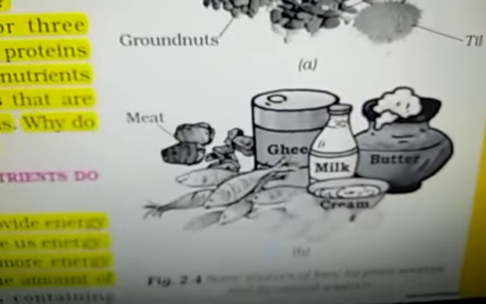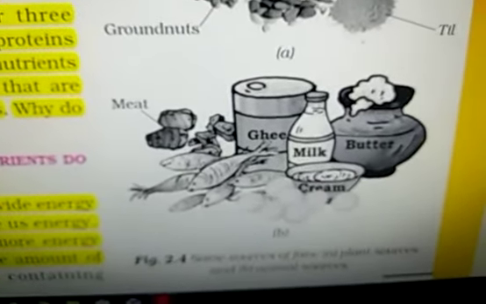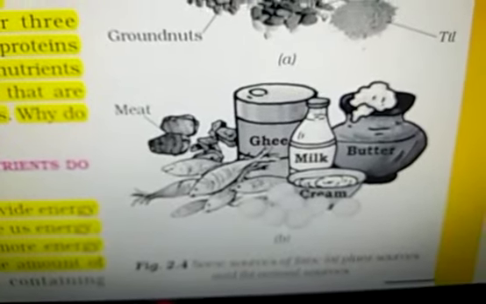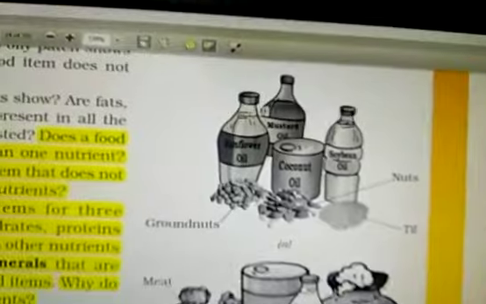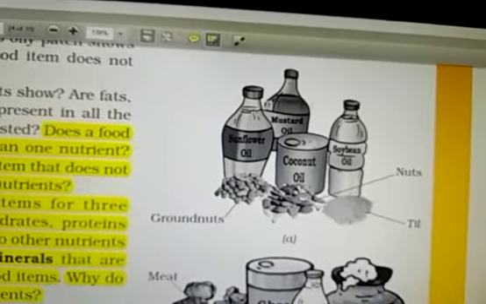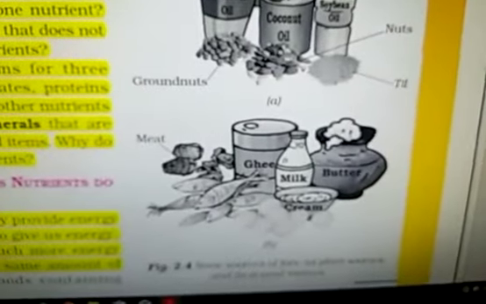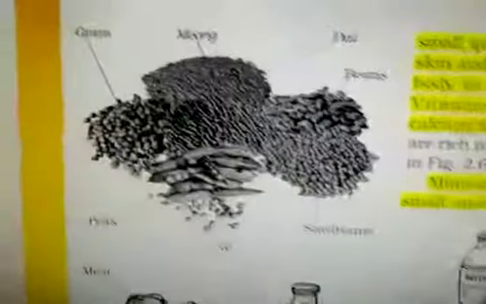Now animal products: meat, ghee, milk, butter, fish, cream, eggs, etc. they have the fats. So these are the sources. Above are the plant sources of fats, and in the figure B you have the animal sources of the fats.